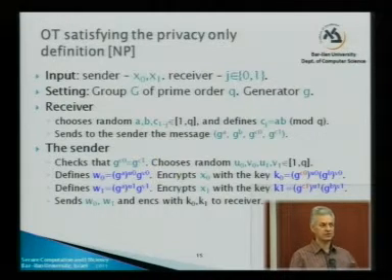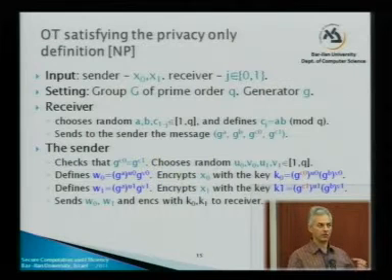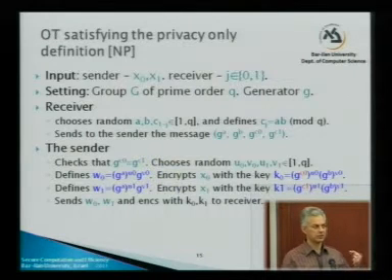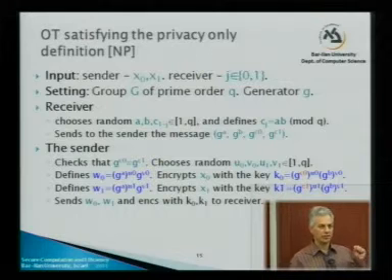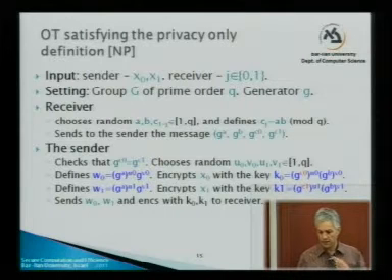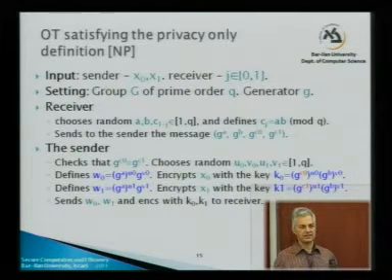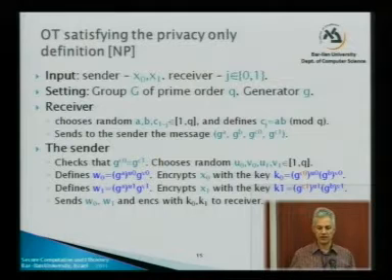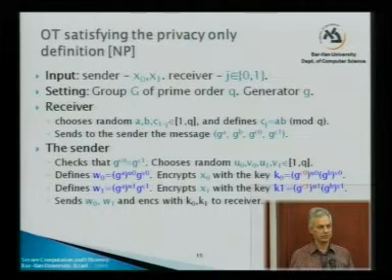Okay? Now we recall that only one of these is equal to g to the power of AB, and this is the one where decryption is possible. And since the other one is different, decryption will not be possible. Then the sender sends these W0 and W1 values and the resulting encryptions to the receiver.